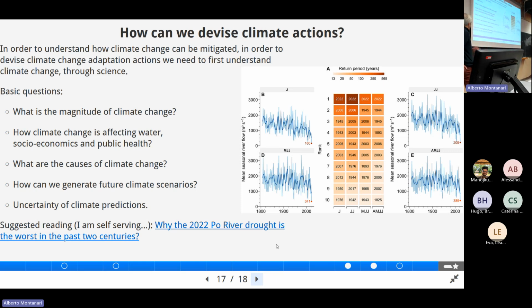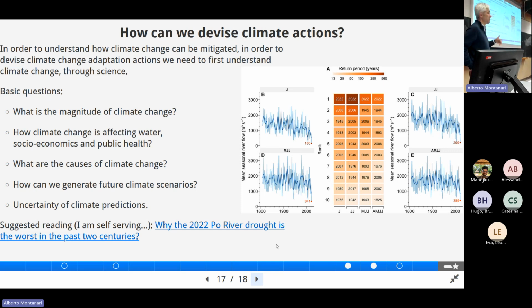And then, uncertainty of climate predictions. I anticipated my last question. Here I am pointing to a reading, if you want to get an idea of the impact of climate change and droughts, and I think an idea of a very simple analysis using open data.